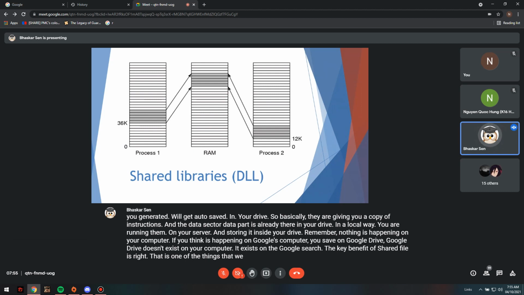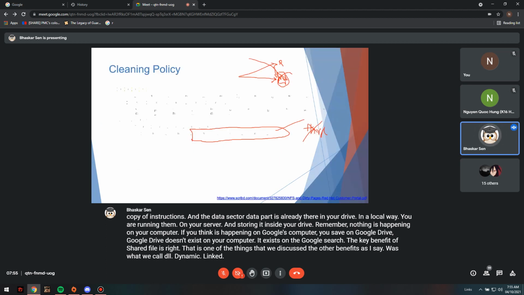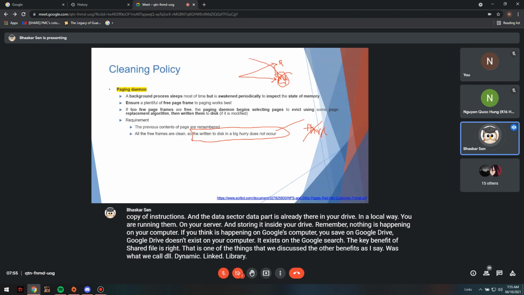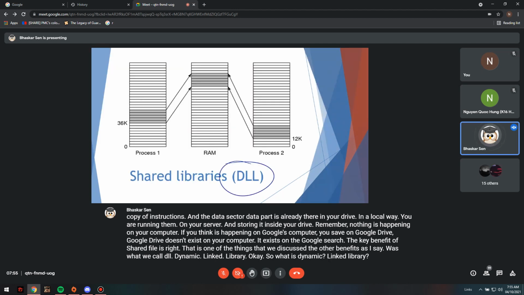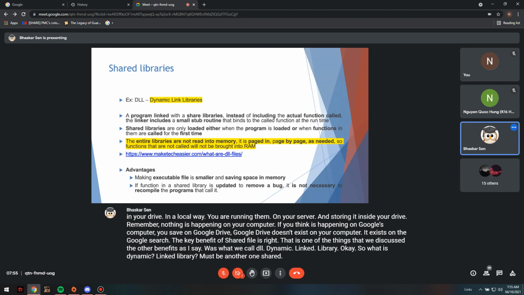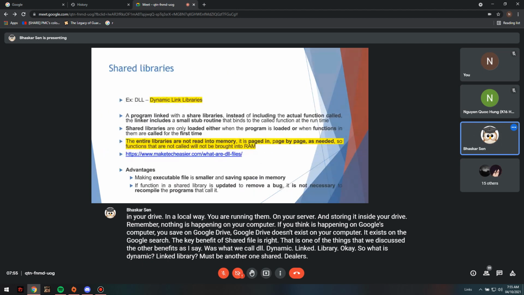The other benefit, as I said, was what we call DLL, Dynamic Linked Library. Okay, so what is Dynamic Linked Library? Must be another one, shared DLLs. Dynamic Linked Libraries. Must have known about them.